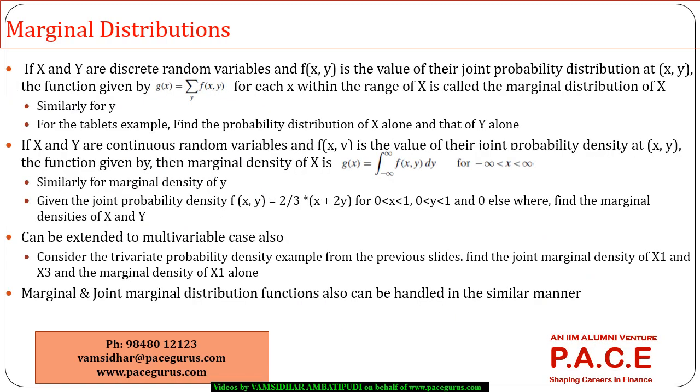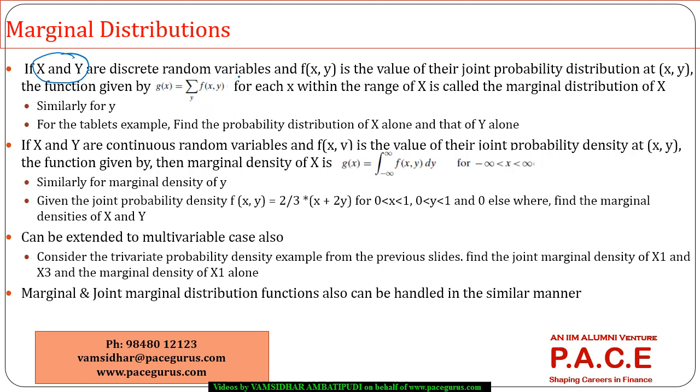Now we will move on to the next topic, where we are looking at marginal distribution, which is also one more important area that we would be using. When we are talking of x and y, again we have the discrete case as well as the continuous case.